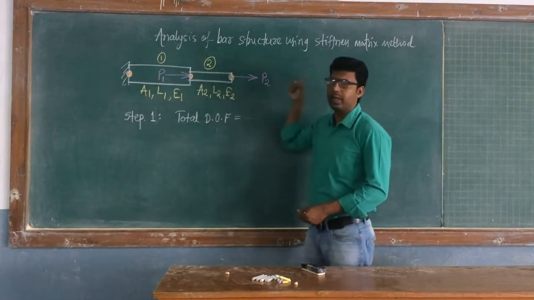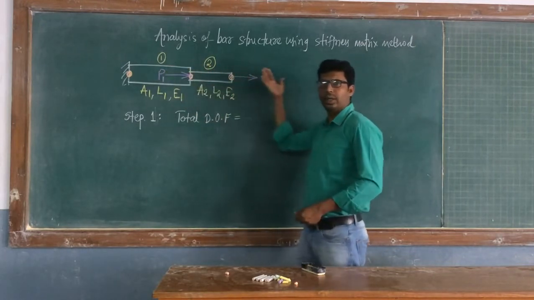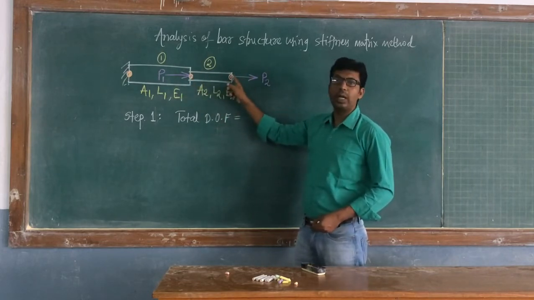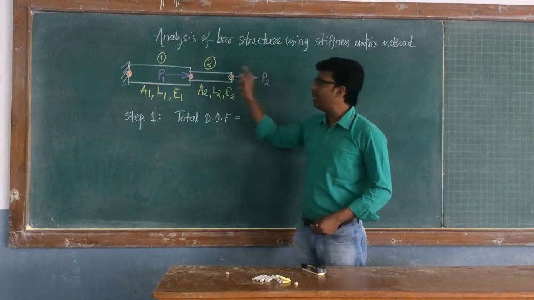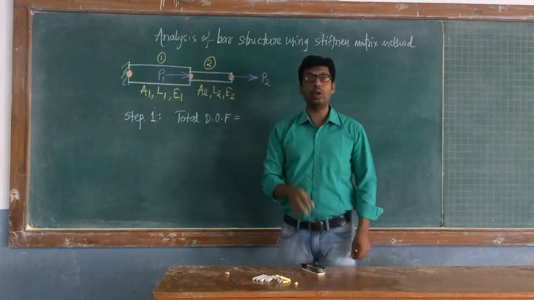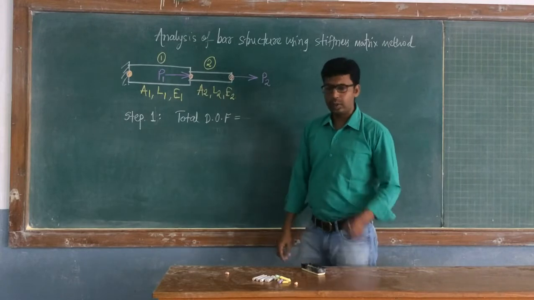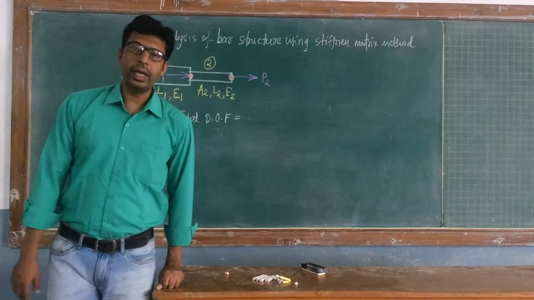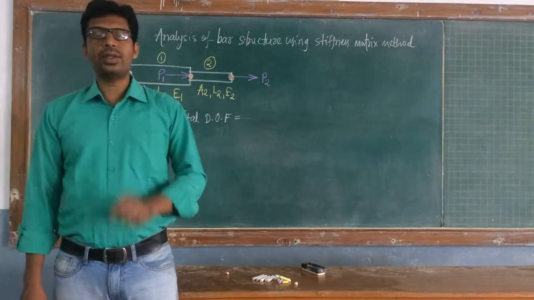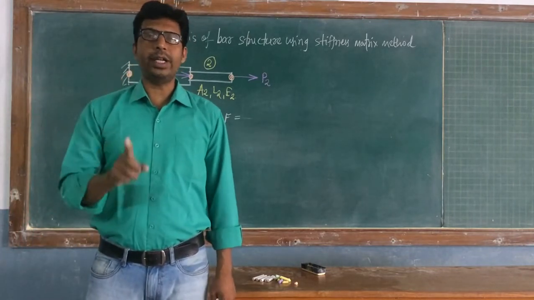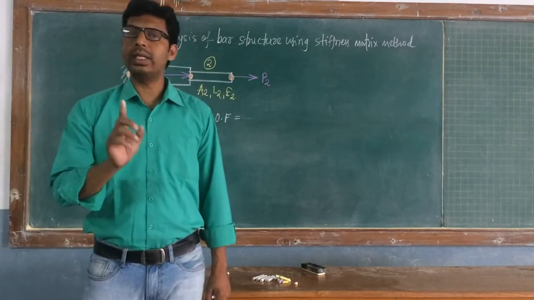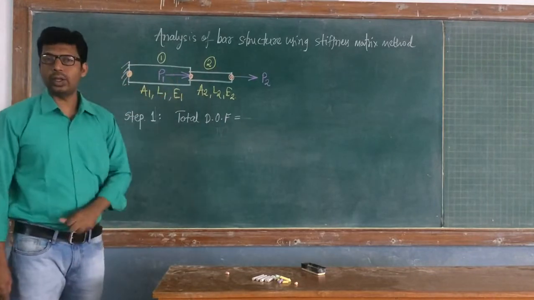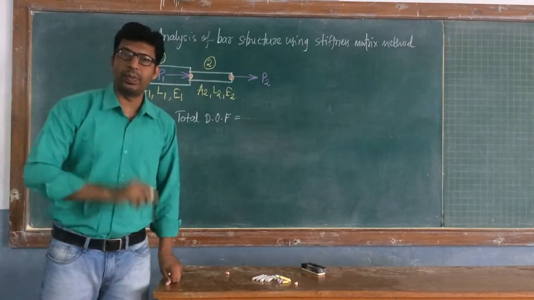Okay, so when you apply this force, these two members will elongate. Elongate means this point will move horizontally towards right, and this point will also move horizontally towards right. It means these joints are subjected to horizontal displacement. So that horizontal displacement is called a kinematic unknown. Okay. So remember now, in a bar structure, each joint is subjected to one displacement, and that is horizontal displacement. How many joints are there? There are 3 joints. So there will be 3 displacements.